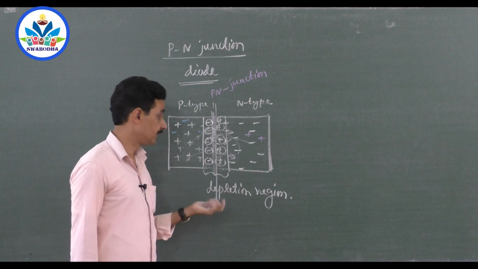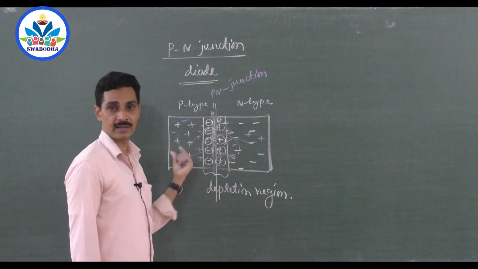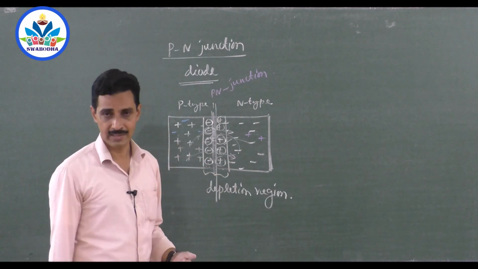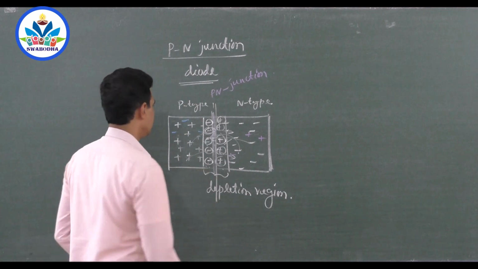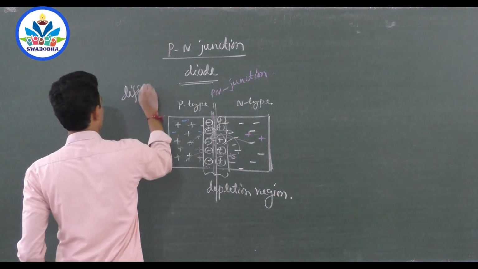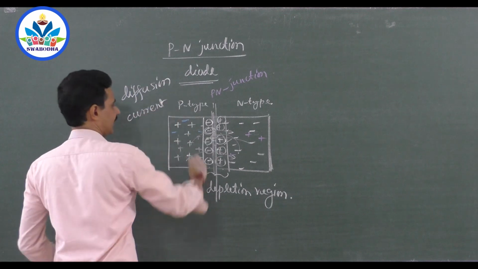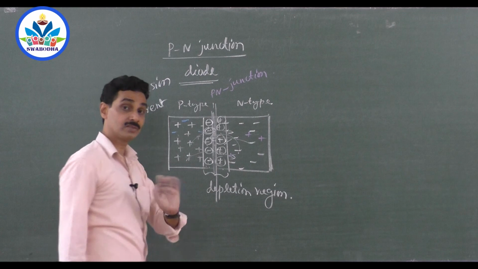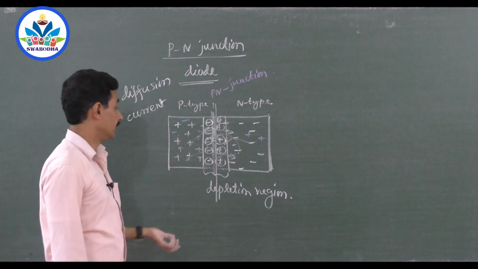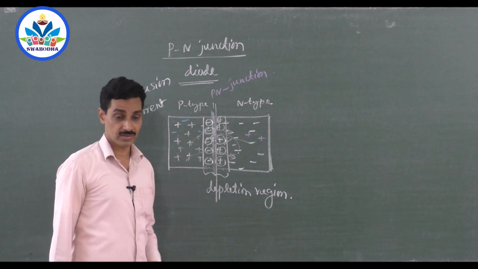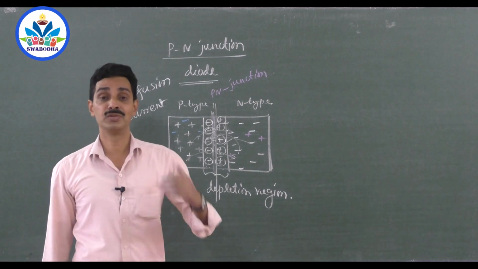And initially, because of the migration of these electrons and holes, the current we got is called diffusion current. We get a current because of the migration, and it stops after a certain time. Now if I ask you a question, diffusion current is due to what?